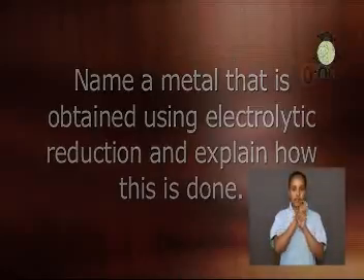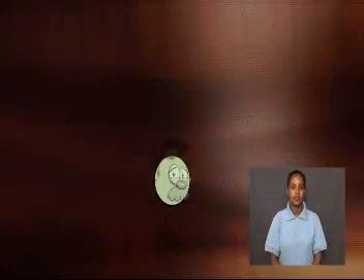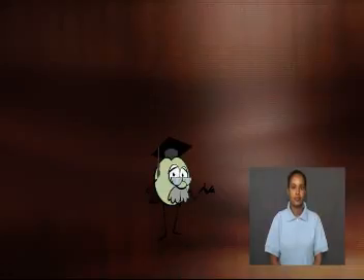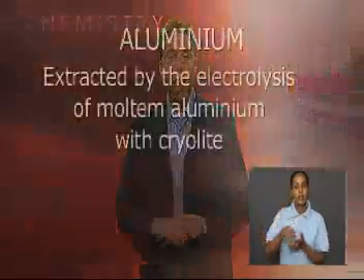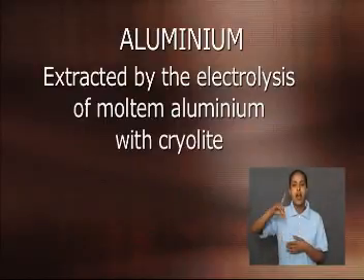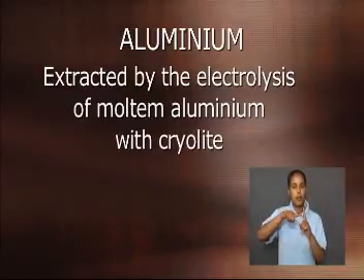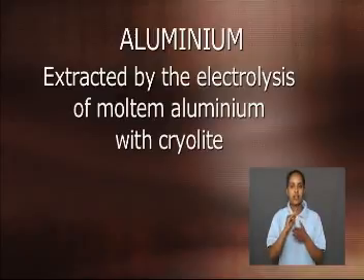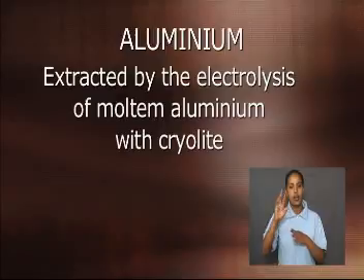Time's up. Let's get back to our lesson. Hello again, students. You might have said that aluminium is a highly electropositive metal that is obtained using electrolytic reduction.